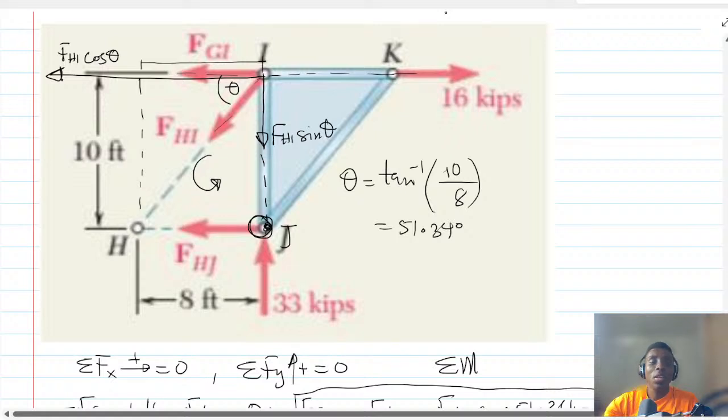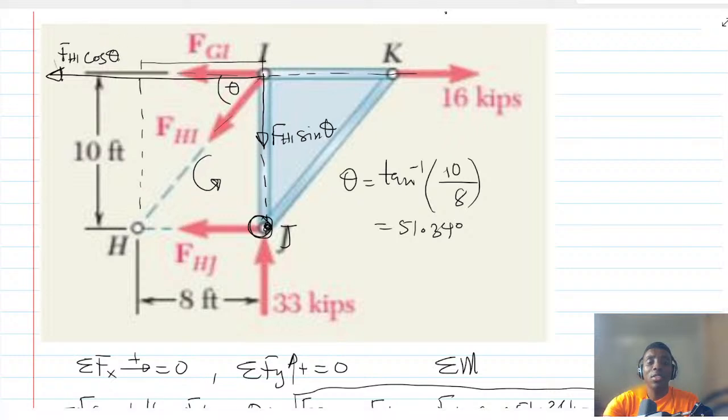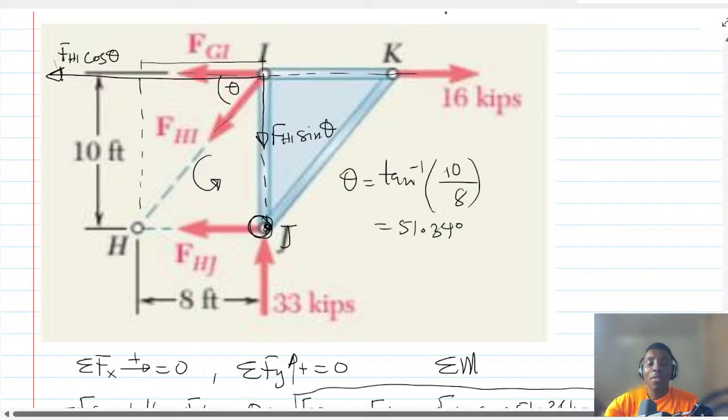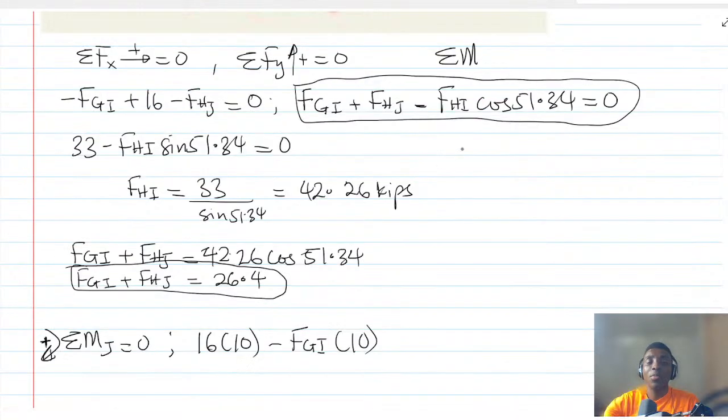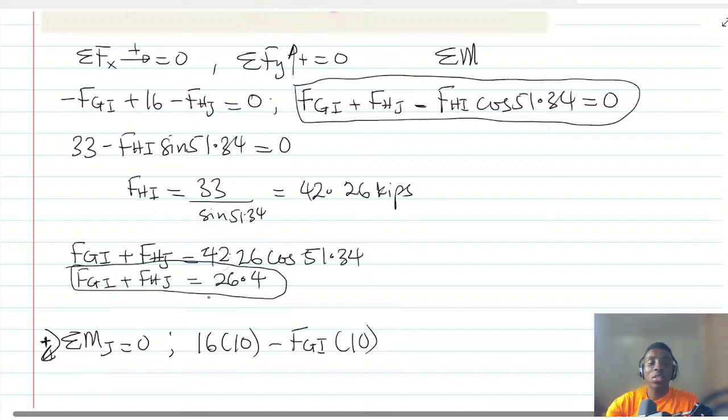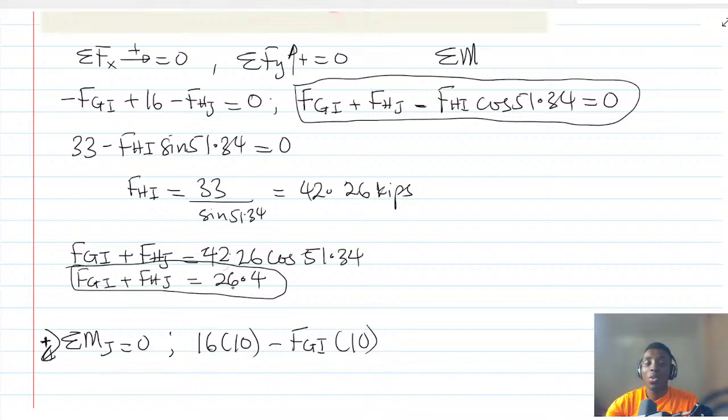And then this FHI cos theta will cause a moment, which is also going to be counterclockwise. But what is FHI? FHI cos theta is actually this 26.4, right?